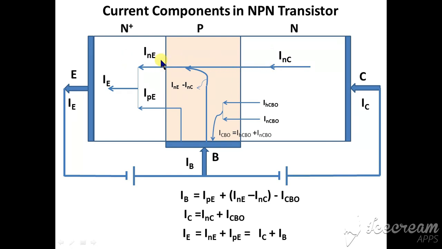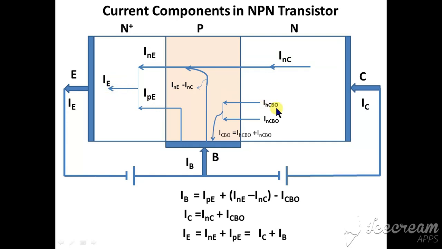The difference of these two components, INE minus INC, is the recombination current, and IPE is the hole current to the emitter region due to the flow of holes from the p side to the n side. The sum of INE and IPE constitutes the total emitter current.